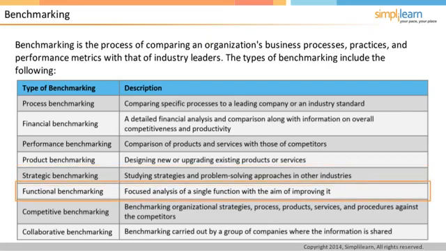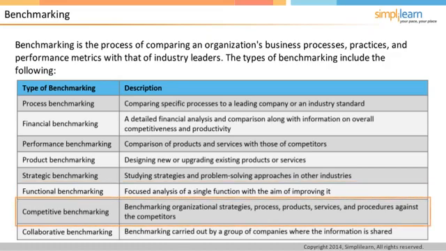Functional benchmarking is the focused analysis of a single function with the aim of improving it. Complex functions may need to be divided into processes before benchmarking is done. Competitive benchmarking includes standardizing organizational strategies, process, products, services, and procedures against the competitors in the same industry.